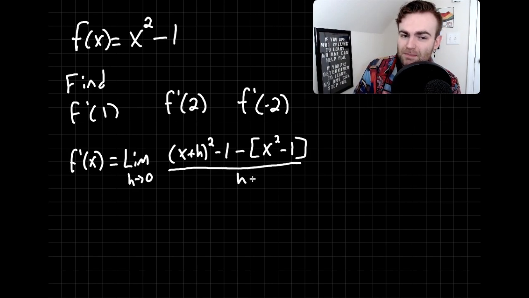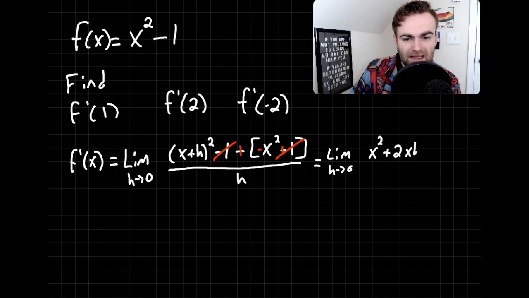So we can clean this up a little bit to start. First, we can change the signs of everything over here, and then we can clearly see that these ones are going to cancel. Then we can double distribute this, and that will end up being x squared plus 2xh plus h squared, and then we have this minus x squared over here, and that's all over h.